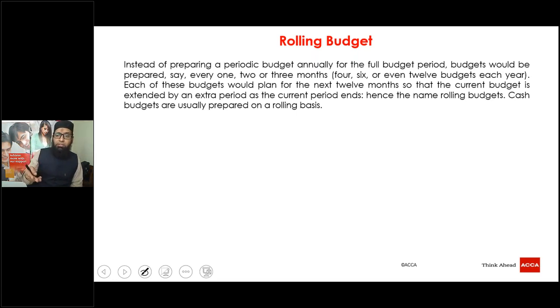But in the later months, my budget will be uncertain. That means it will be unrealistic. My budget will become more unrealistic. So this is the first challenge that I find in the periodic budget.